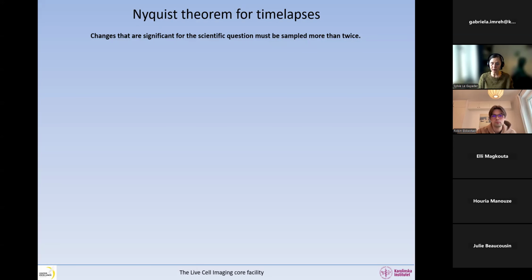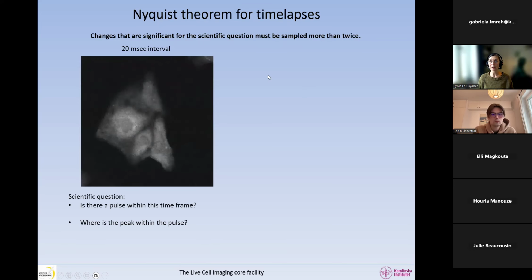So you figure out, and you have to involve your knowledge of the sample biology, clearly. You have to figure out how long it takes for a significant change to happen. Considering your scientific question, what is a significant change and how long does it take? And when you know this, well, you just need to image more than twice in that time interval. So Nyquist works also in time.